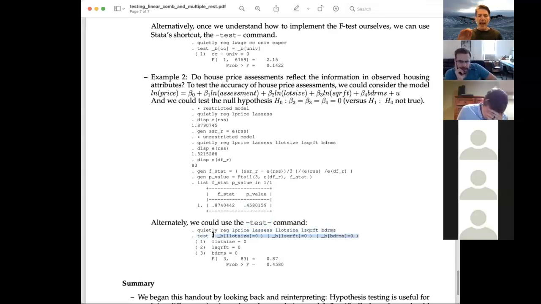You need a set of parentheses for each separate restriction. All right, so one equal sign, one restriction, each different restriction has to go in a set of parentheses. And then it's pretty easy to use the test command, and obviously we're going to get the same F statistic and p-value.